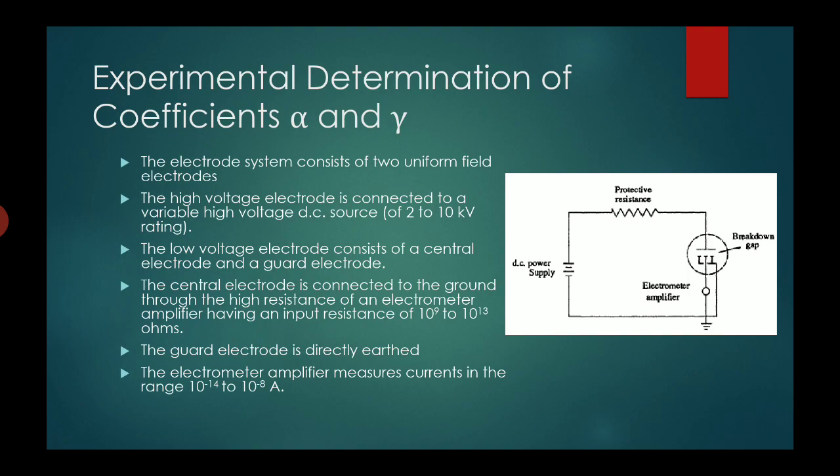Let's say something happened and very high current starts flowing. The electrometer can only measure a range of 10 to the power minus 14 to 10 to the power minus 8 amperes, so that electrometer will get disturbed, or it might get damaged or destroyed.